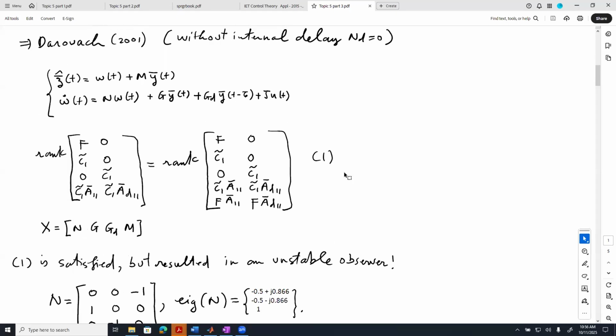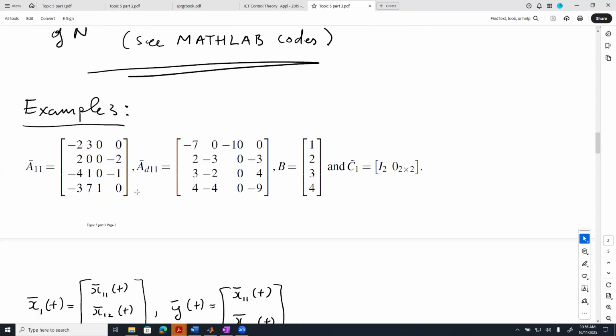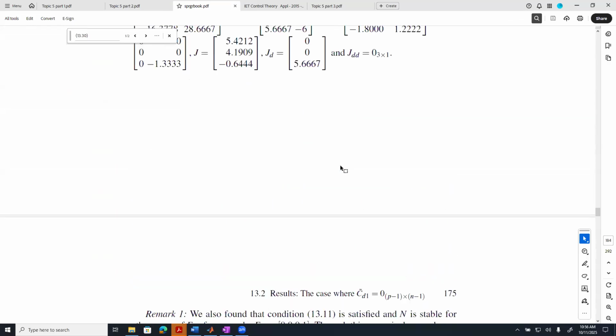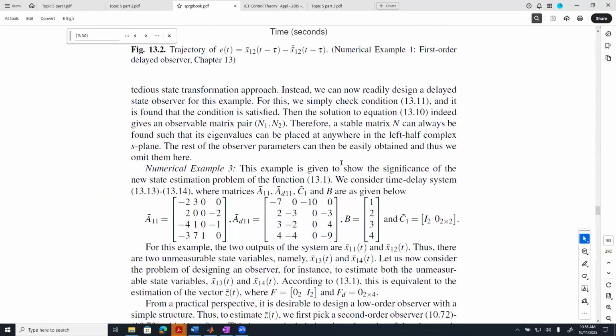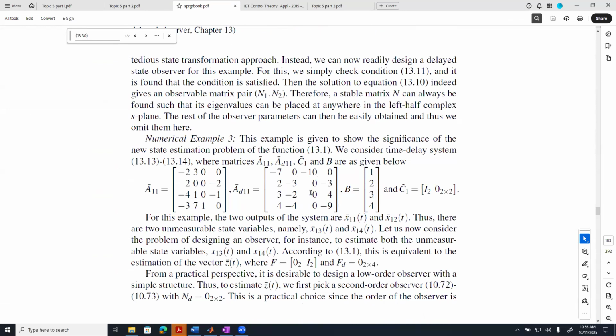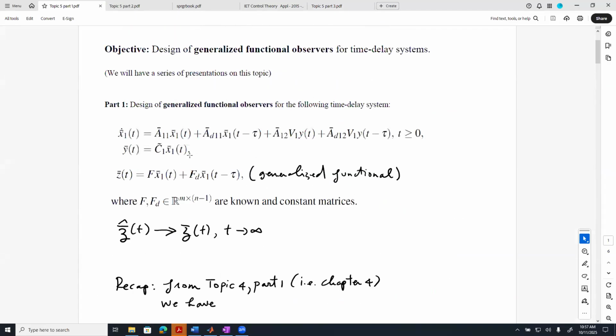So let us look at another example. In this particular example, which is the one considered in the book, example 3 in chapter 13, we want to demonstrate the generality of our generalized functional observer for this class of time delay system, which is this one here.